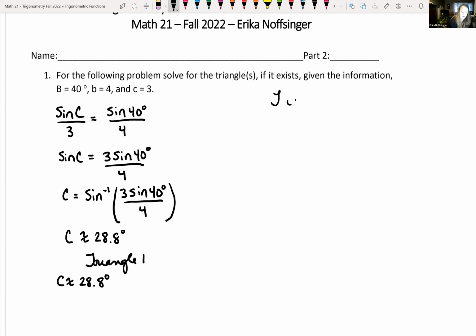Triangle 2, well, sine is positive also in the second quadrant. So I'm looking at 28.8 degrees as being my reference angle. So 180 minus my reference angle is about 151.2. So C for my second triangle is approximately 152.2.